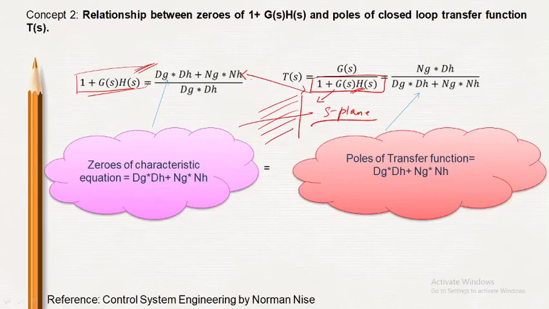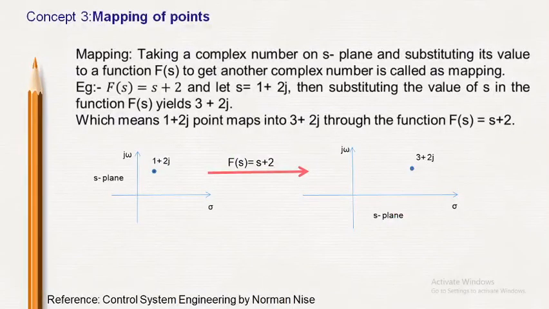Okay, now let's move on to the third concept, which is the mapping of points. Mapping is taking a complex number on the S plane and substituting its value into a function of S to get another complex number.